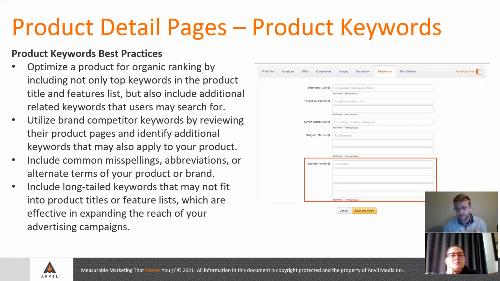It's also a good practice to include common misspellings, abbreviations, or alternate terms for your product or brand or overall product category, as well as some longer tailed keywords that may not fit into your product title or feature list, which are effective in expanding the reach of your advertising campaigns. These would be like best coffee tables for living rooms. I know I mentioned coffee tables earlier. That would be a longer tailed keyword that you could include here in the search terms.